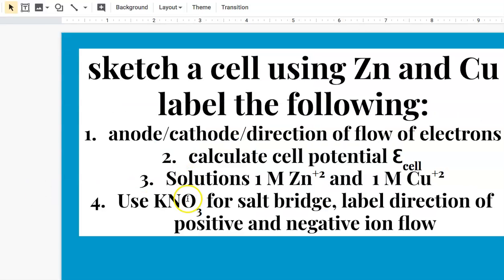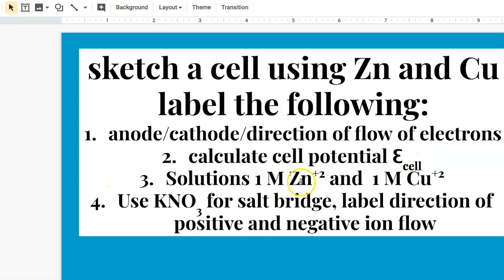Now what I want you to try to do is sketch your own cell using zinc and copper. So you need to make sure that you have an anode, a cathode, and the direction of flow of the electrons. You're going to calculate the cell potential, E of the cell, like we talked about 2 steps ago.